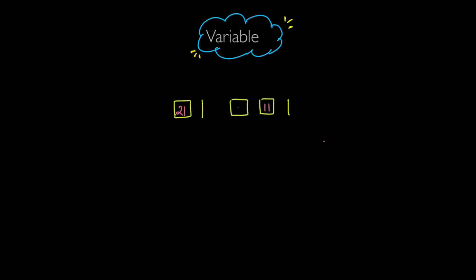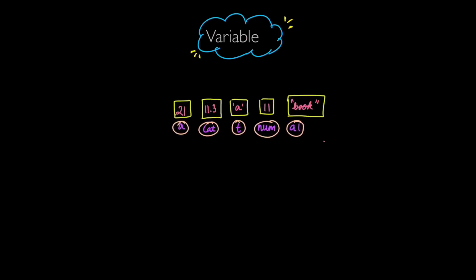Now for the actual variables. You can name a variable as an alphabet or a word, but the rules we discussed at the start of the class come in handy. A name can't start with a number. No special characters are allowed, but underscore is an exception.